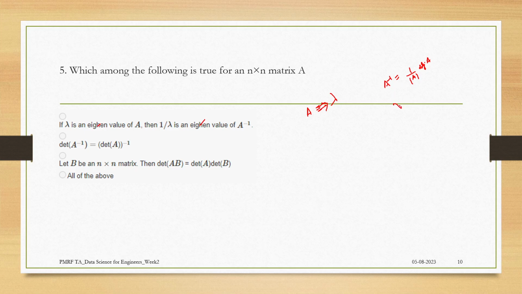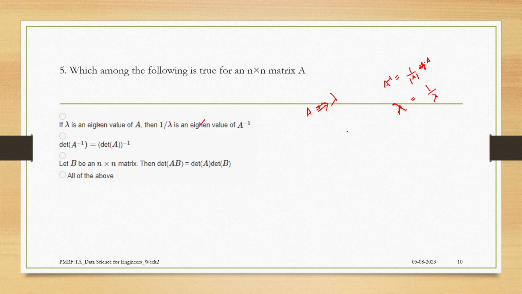Lambda is there, and here it is coming like 1 by determinant A into adjoint. So according to the property, the eigenvalue of A inverse will be 1 by lambda.